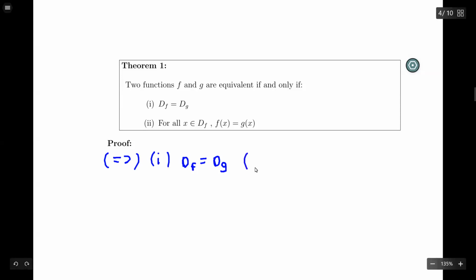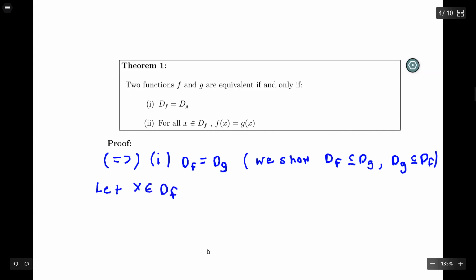We have to show that the domain of F is a subset of the domain of G, and the domain of G is a subset of the domain of F. If we show those two conditions are true, then that implies that the two sets are equivalent. So the first thing I'm going to say is let x be in the domain of F. So I'm starting with an element x in the domain of F.